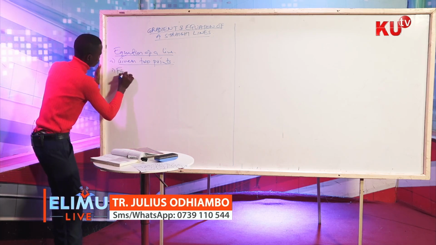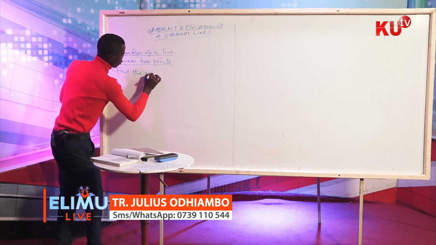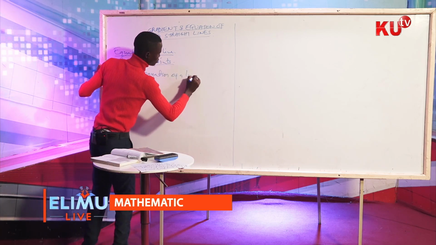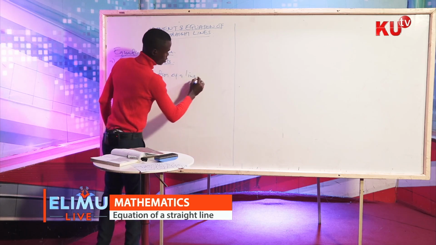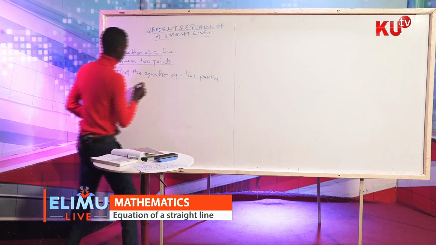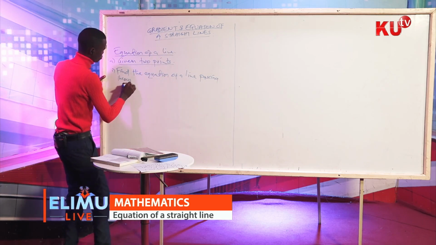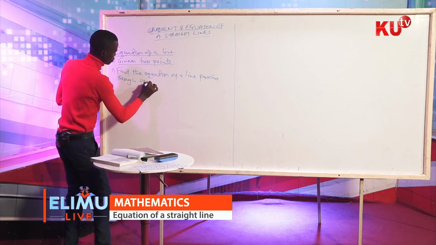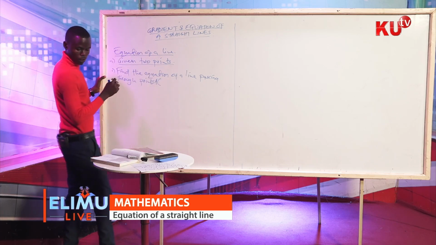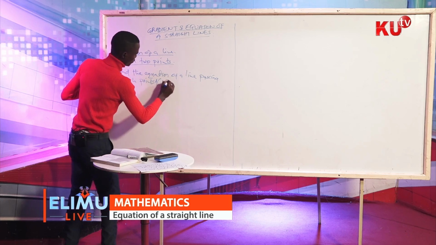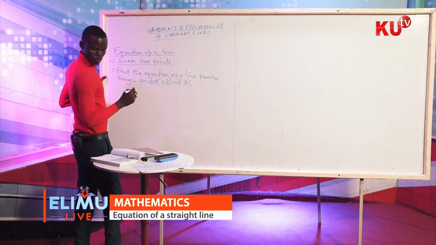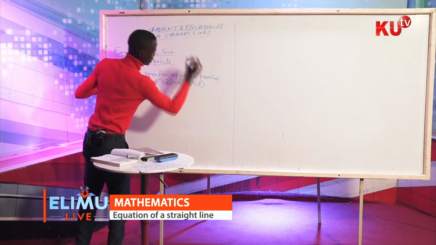find the equation of a line passing through points A, we have got 1, 3 and B, 2, 8.